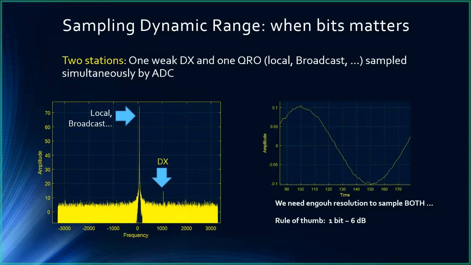So if you buy an RTL-SDR, the cheap USB dongles, which are claimed to be 7 to 8 bits, it's 50 dB max of dynamic range. So you see that in HF, it's a bit too short in case you have a broadcast station and a DX very close to it.